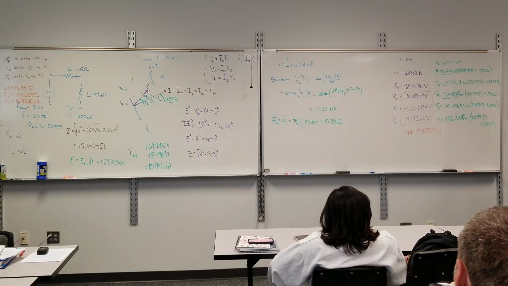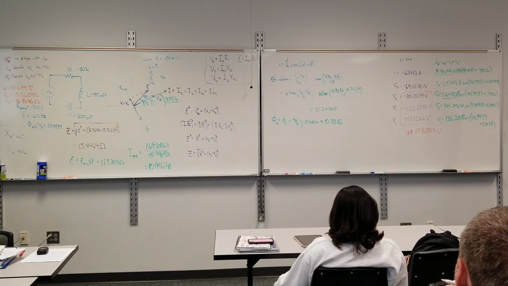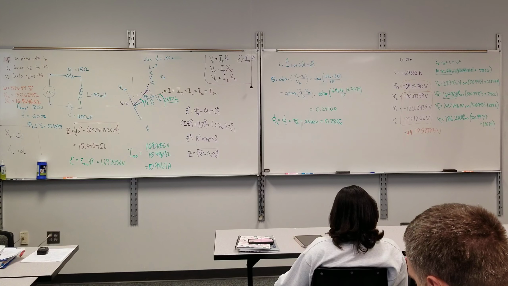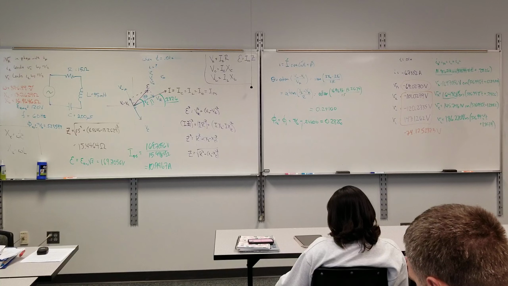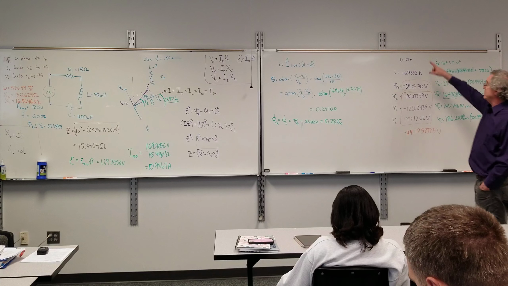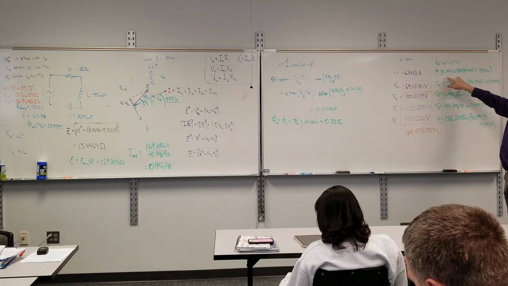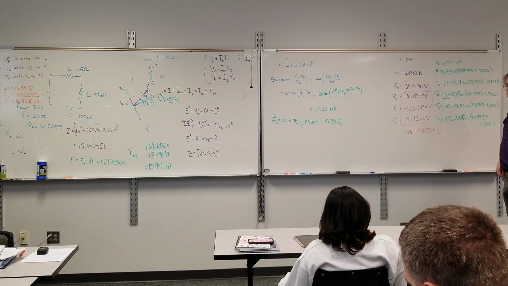Why do you switch from capital I to lowercase? In general, the capital letter indicates an amplitude, and the lowercase indicates the instantaneous value, or the formula for the instantaneous value.